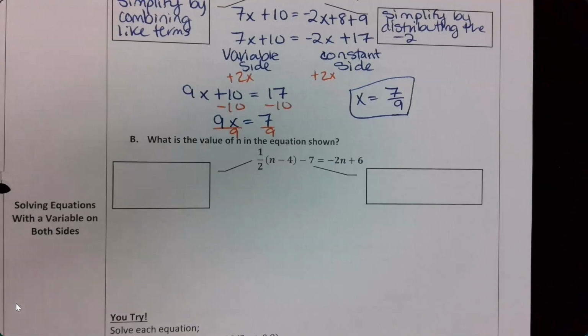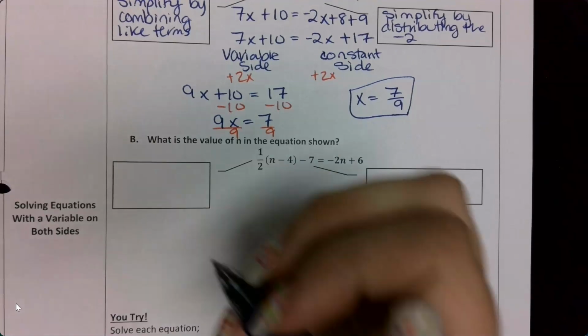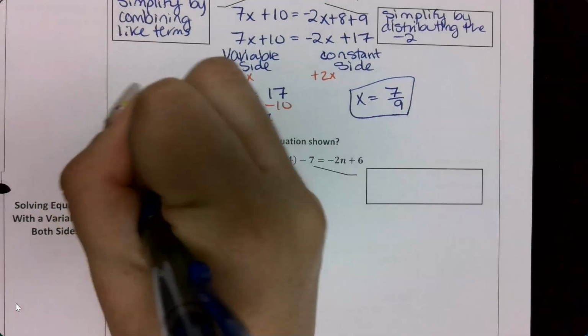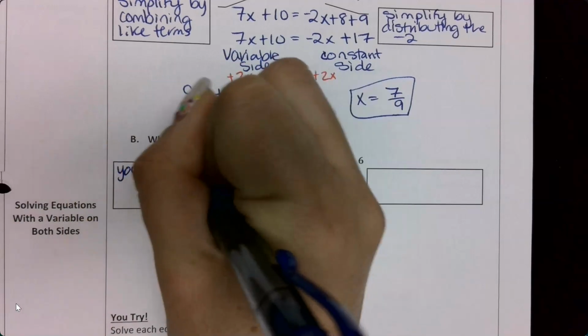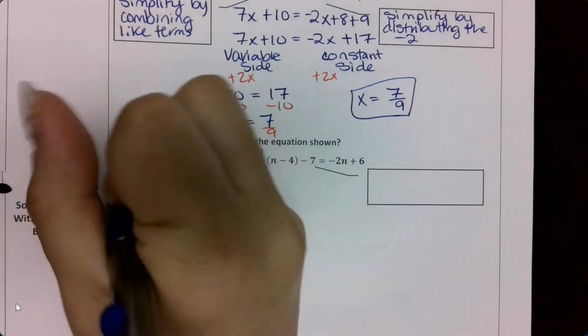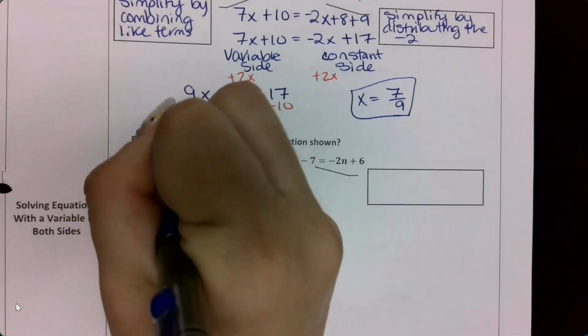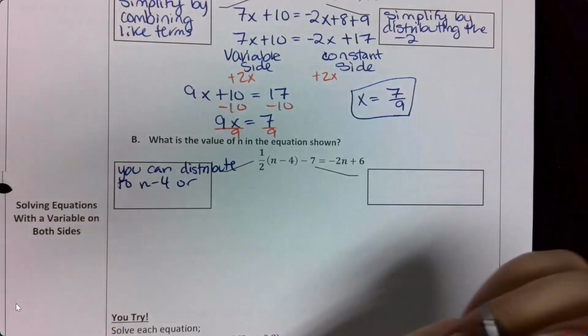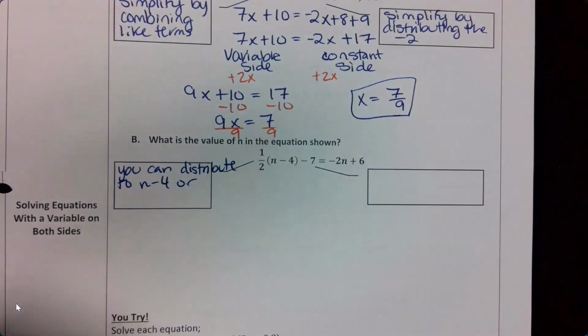But when I go to distribute, what's different about that number on the outside? It's a fraction. I don't like working with fractions, so I could distribute, but I'm going to choose to hold off. What I can do instead is move that 7 over and then multiply to get rid of that fraction.